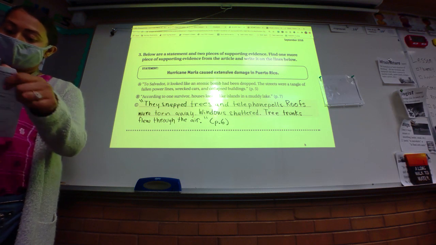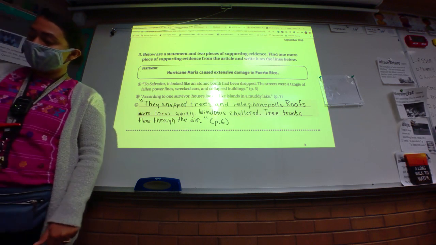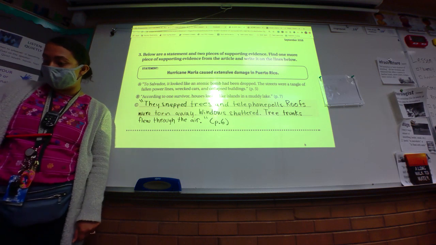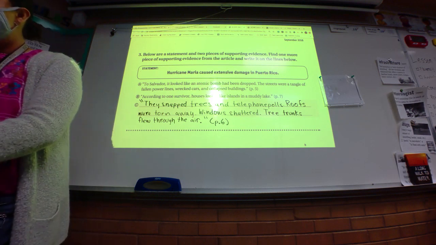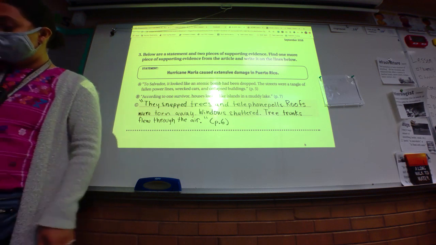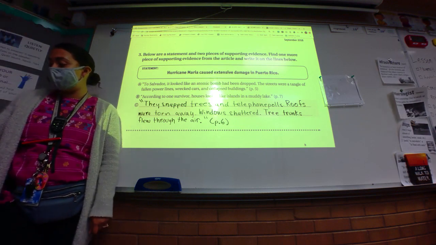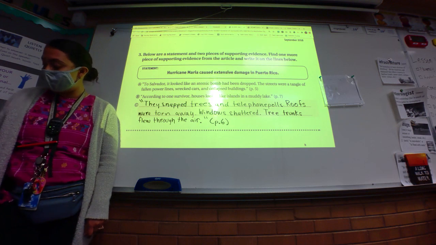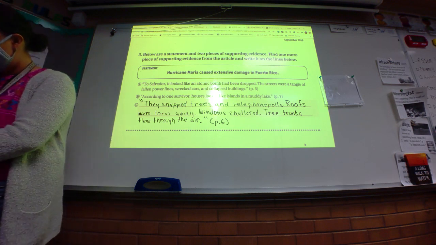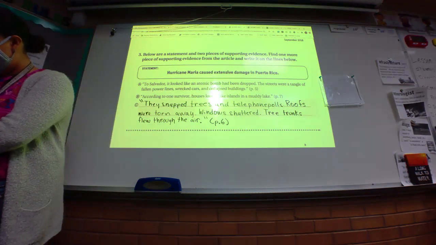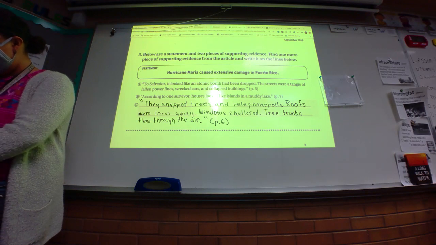Read the lines below from the article, then write a statement that they all support. Why do I need to support you? I'm supporting me. Marley, please, no complaining about it.